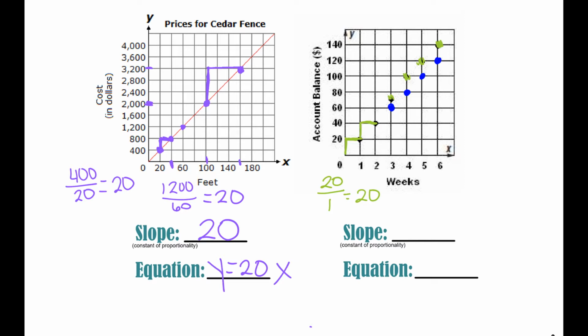It's up 20 over 1, up 20 over 1. So every time I'm going to get that same slope, or that constant of proportionality, so that would be 20. And then my equation is going to, just like the other one, be y equals 20x.